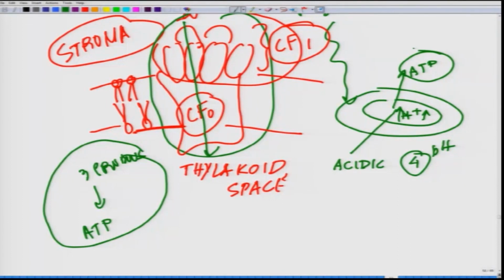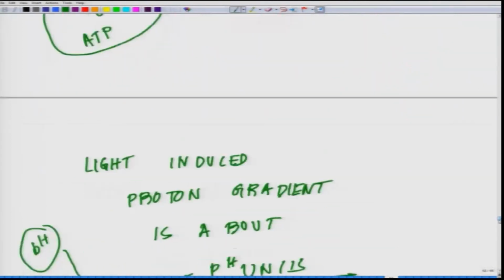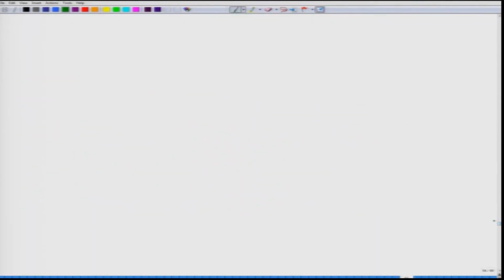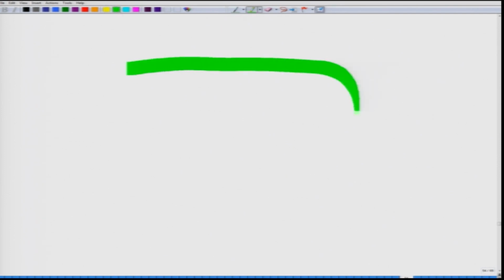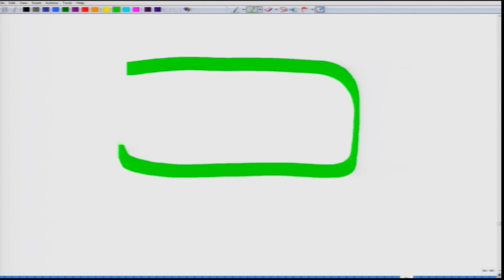Okay. So, if I have to put it in perspective of how all these 3 reactions look, it will be something like this. Now, I will draw the thylakoid membrane. Say, for example, this is the thylakoid space we are talking about.